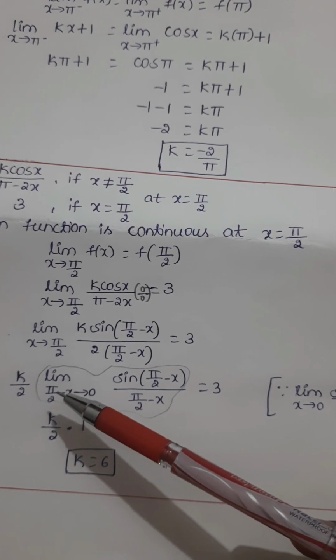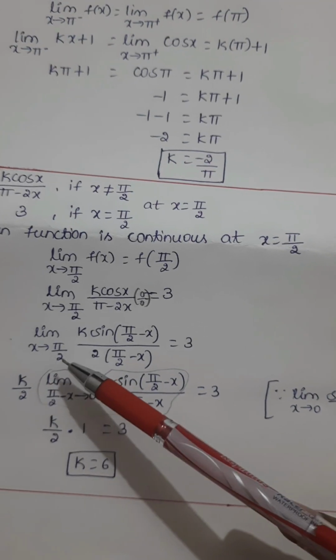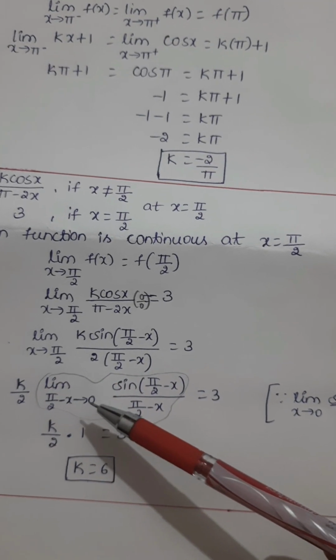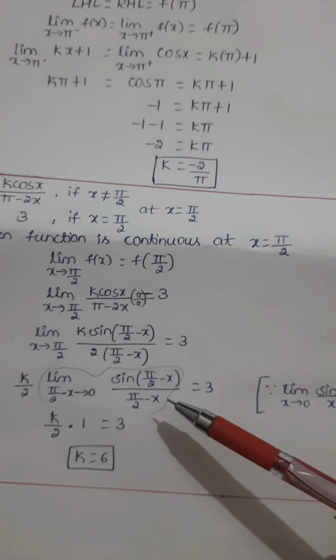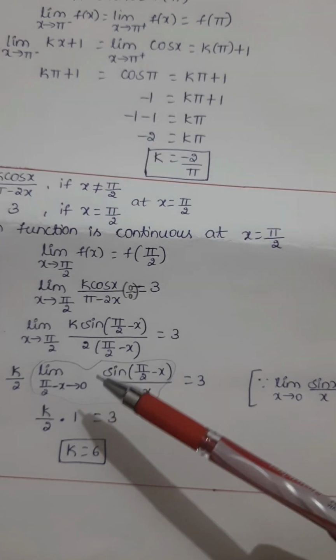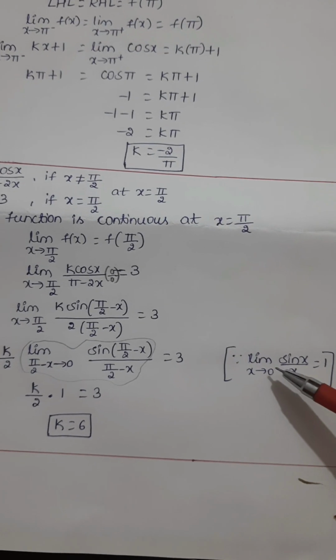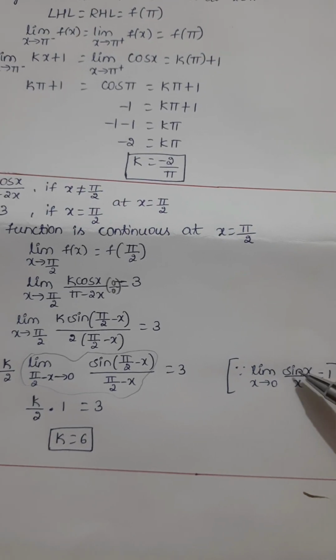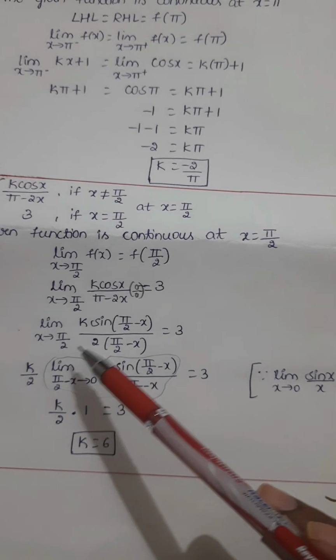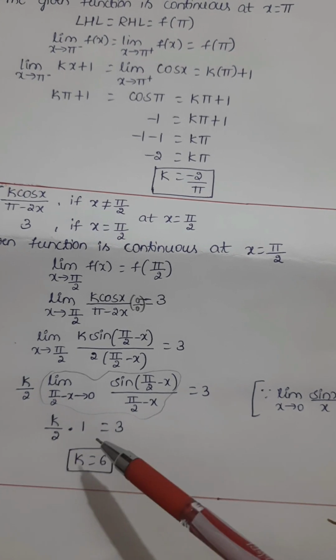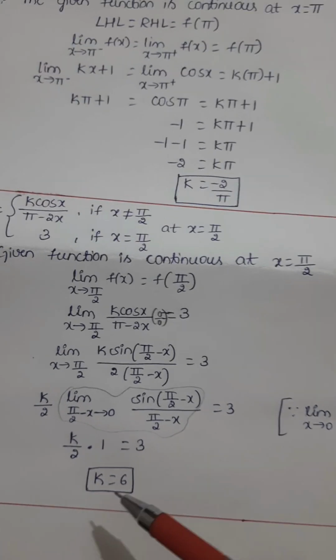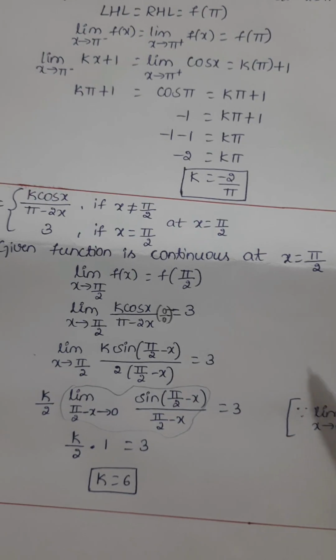Limit pi by 2 minus x tends to 0, sine of pi by 2 minus x by pi by 2 minus x, is equal to 3. This is in the form of limit x tends to 0, sin x by x. So this value will be equal to 1. So we have k by 2 into 1 is equal to 3. So k is equal to 6.